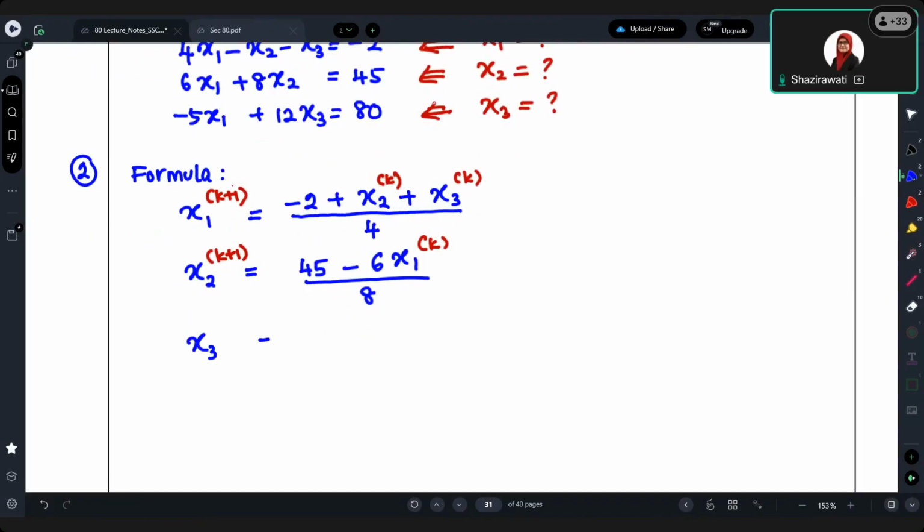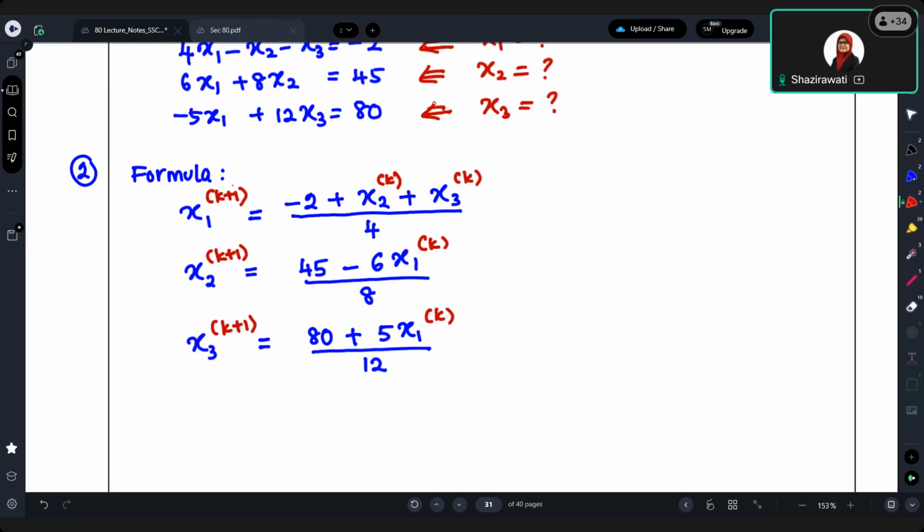So x3 equals 80, so sekarang jadi plus 5x1 over 12. So sini k, sebelah kiri k plus 1. Okay, so settle. Itu formula for your unknowns x1, x2, x3. You punya calculation nanti akan based pada formula 3 ni lah.